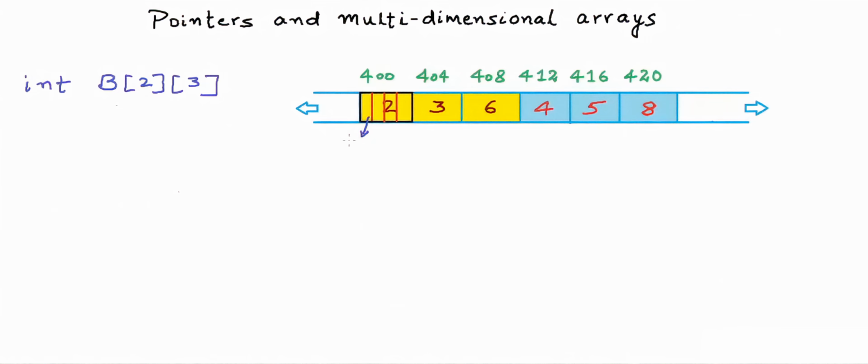The starting address is 400. Let's say each partition here is 1 byte. So the next byte has address 401, and the next one has address 402, and the next one has address 403.